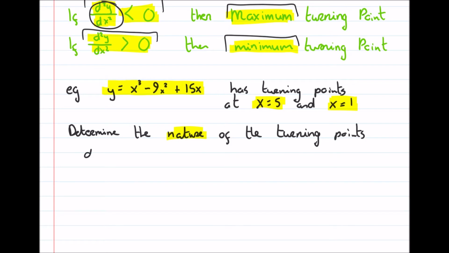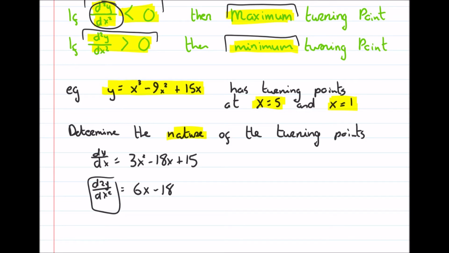If I differentiate it once, dy dx equals 3x squared minus 18x plus 15. Now differentiate it again. d squared y over dx squared is 6x minus 18.